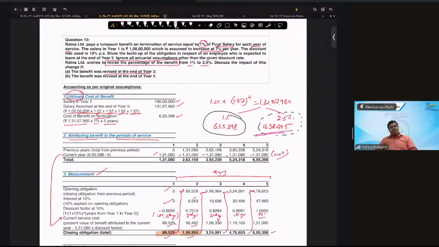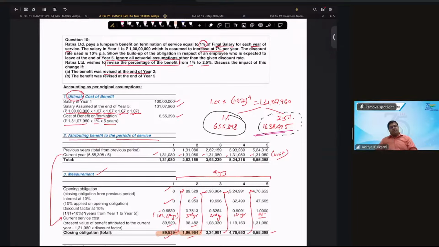So if I have to give a prospective effect, can I say that the differential between 4,90,000, the closing balance at the end of the second year under the new plan, minus 1,96,964, the closing obligation at the end of the second year based on the original plan, is treated as an expense of the current year?